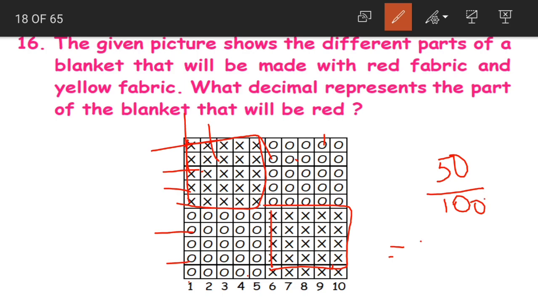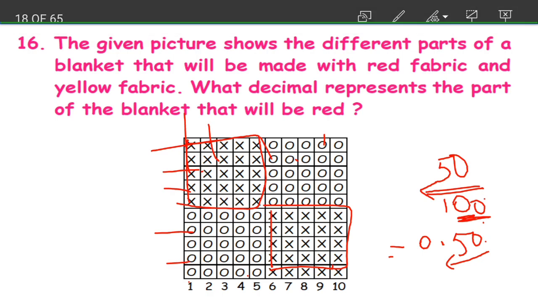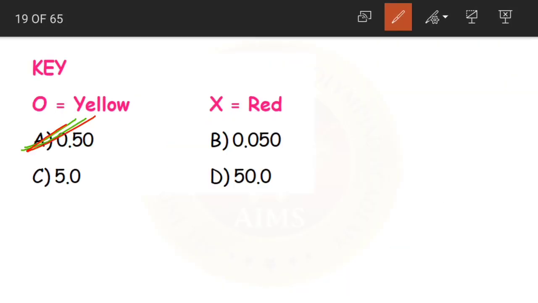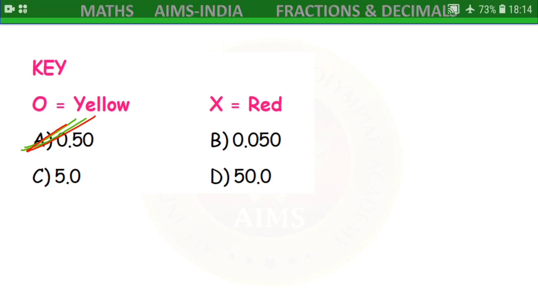Now how will it be represented in decimal number? 0.50. It's having 2 zeros. So we place the decimal point after 2 digits from the right. Yes children, 0.50 is our answer. I hope this is clear, right? Option C 0.50 is our answer.